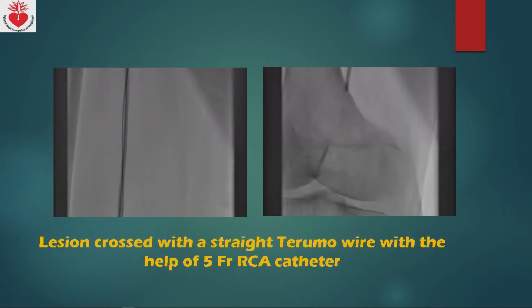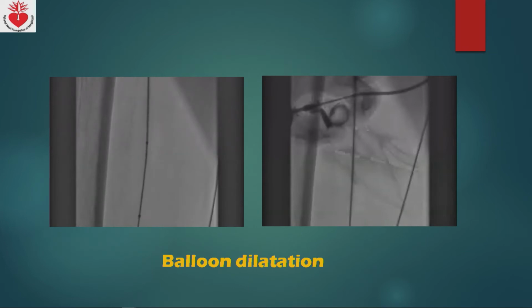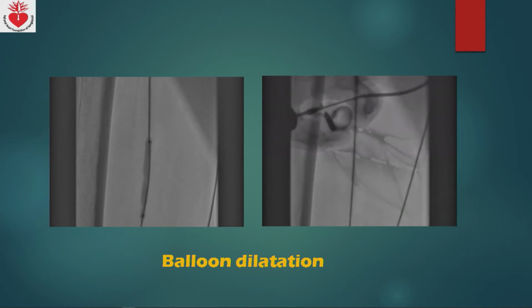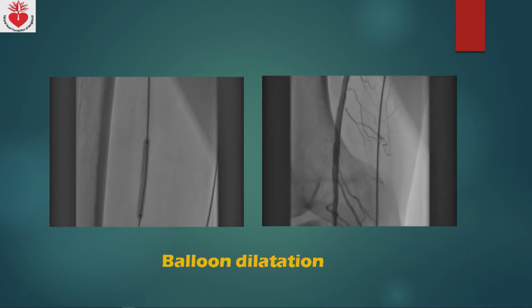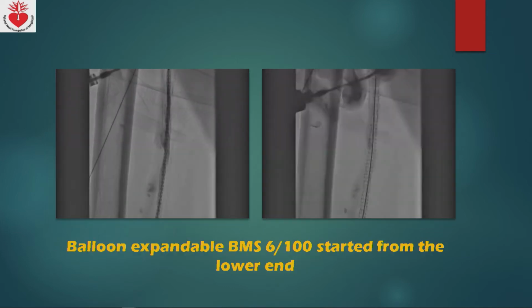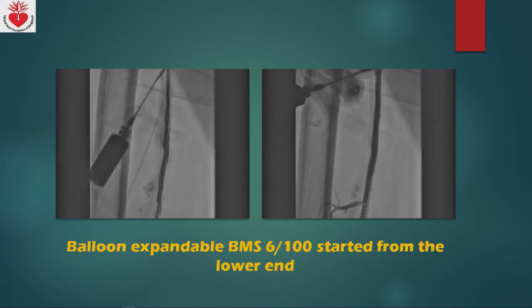So we easily crossed the wire, a Terumo wire guided by a 5 French RCA catheter, and ensured the distal entry. Balloon dilatation was done and stented with a 6/100 BMS stent.